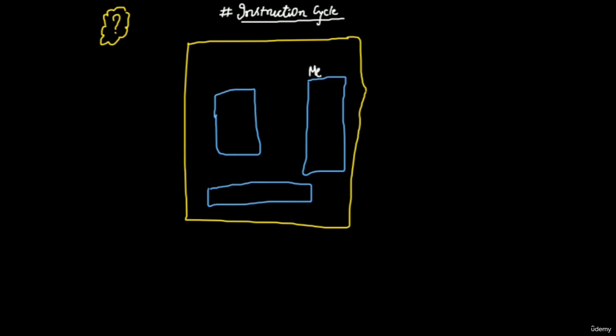This is our processor. And this is our input output. Now, this is directly connected to this and this, and obviously this one is also connected. So these are interconnected things.